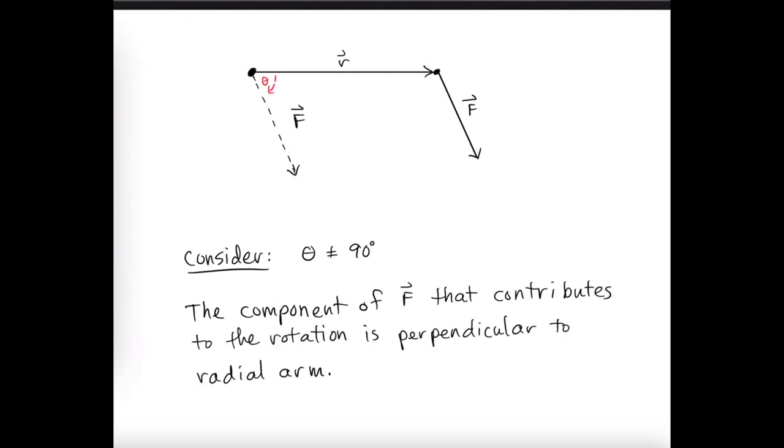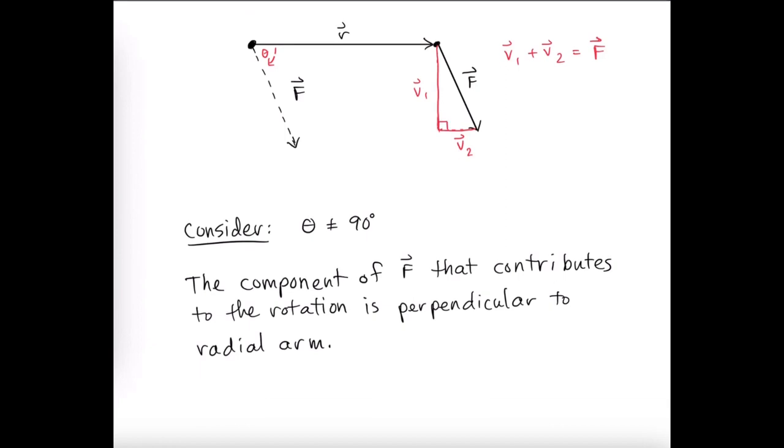If we were to decompose my force vector into the sum of two vectors, one of which is parallel to the radial arm and the other is perpendicular to the radial arm, we could call one of these vectors vector 1 and the other one vector 2. And what we'll notice here is that if we were to add vector 1 to vector 2, we end up with the force vector, right? So we have decomposed our force vector into these two vectors that are perpendicular to each other.